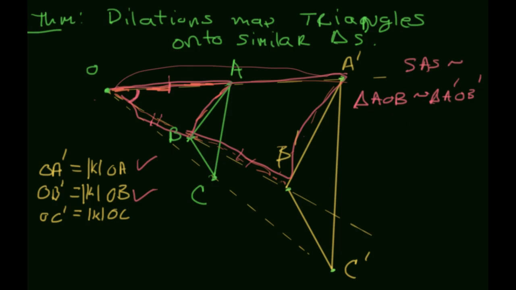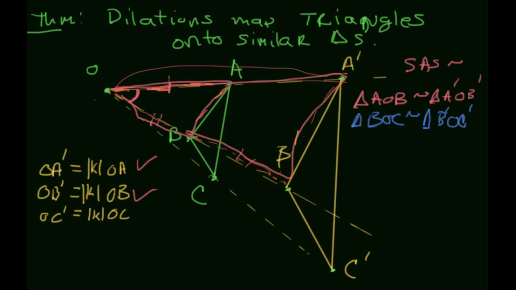Now, likewise, BOC has to be similar to triangle B prime O C prime.